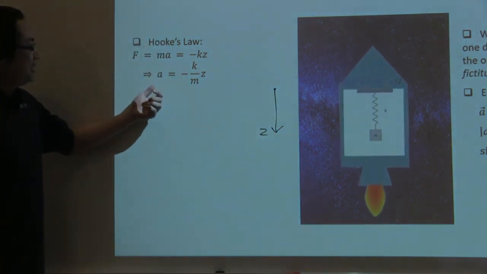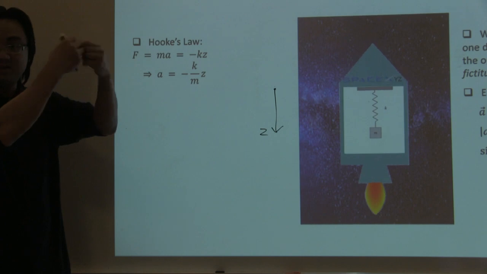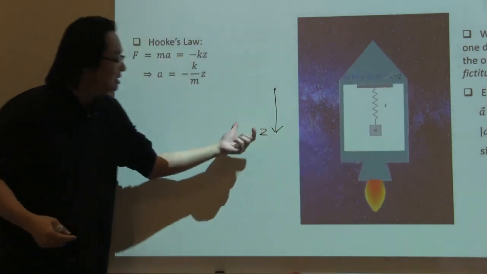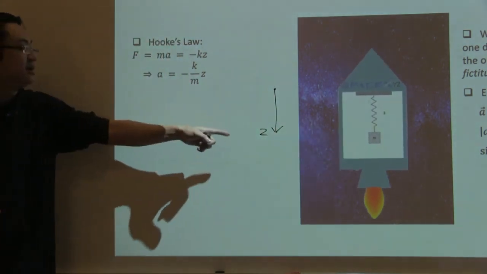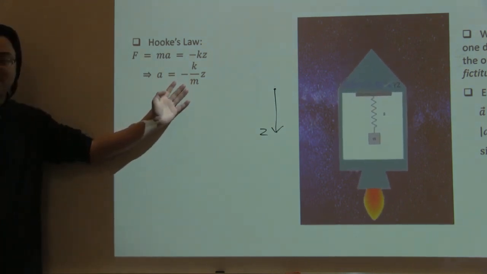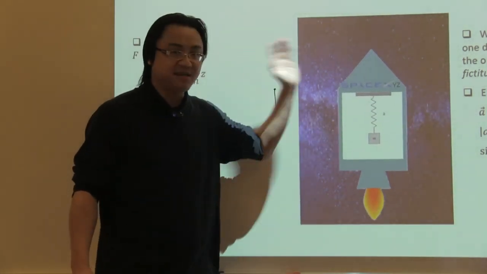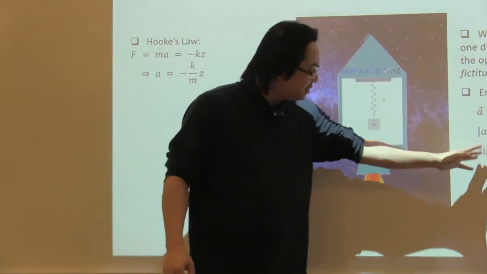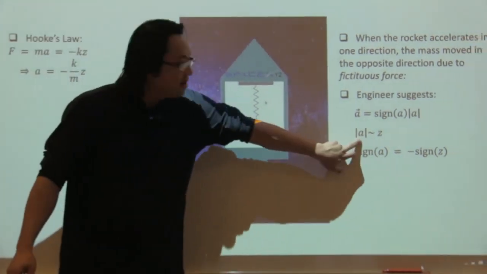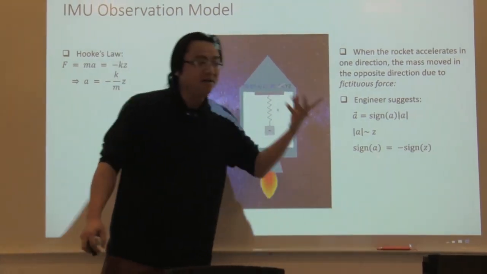Then obviously, because the rocket is accelerating, because of the fictitious force, the displacement of the mass in this frame is going to be the opposite of the Z, right? So an engineer who designs the IMU is going to use this simple rule: you just measure the displacement, get the magnitude to be the acceleration magnitude, and then invert the sign.